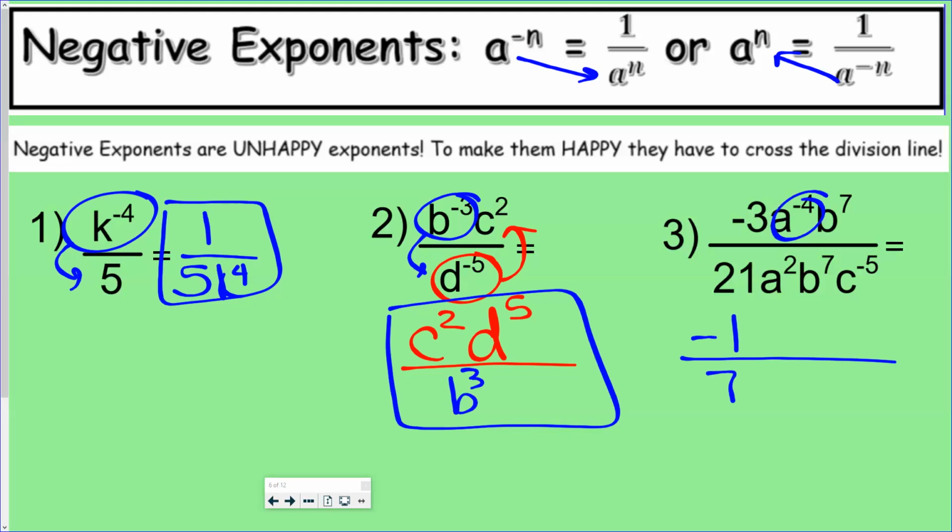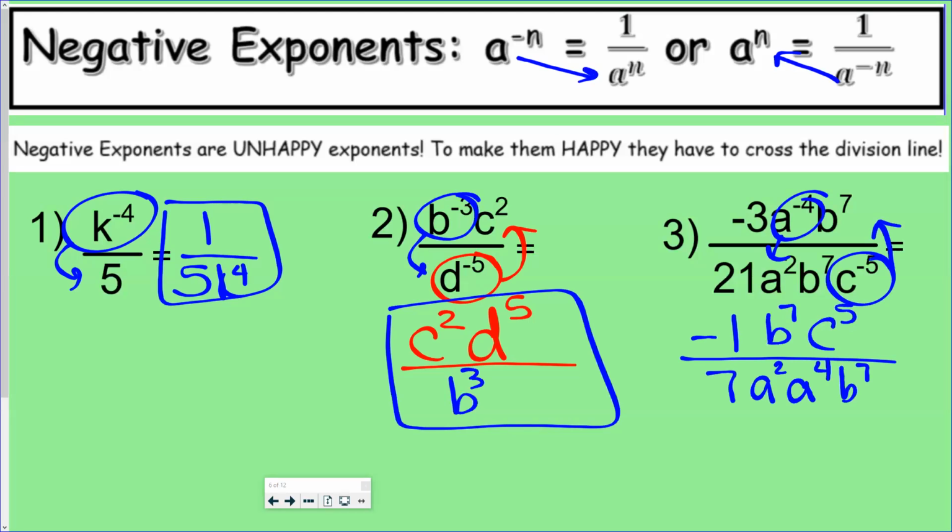My A4 is going to move down because it's a negative. So I'm still going to have A2 at the bottom, but now I also have A4. This B7 on top stays where it's at. The B7 on the bottom stays where it's at. The C negative 5, though, needs to move up because it is a negative. So let's move it up to make it a positive.